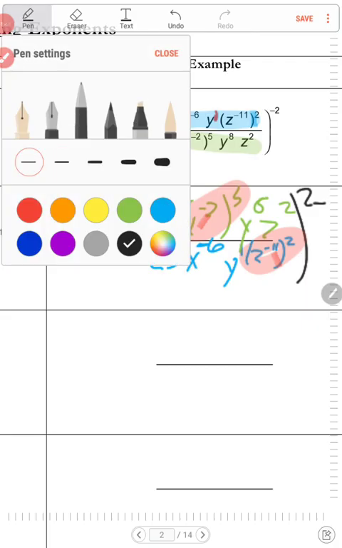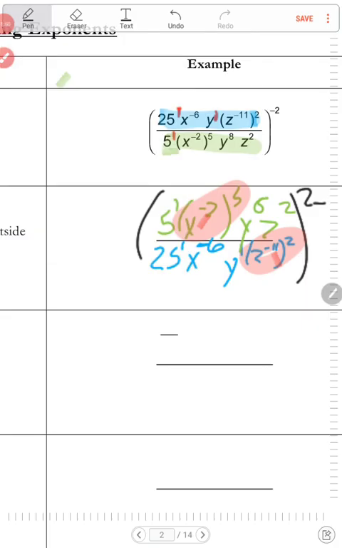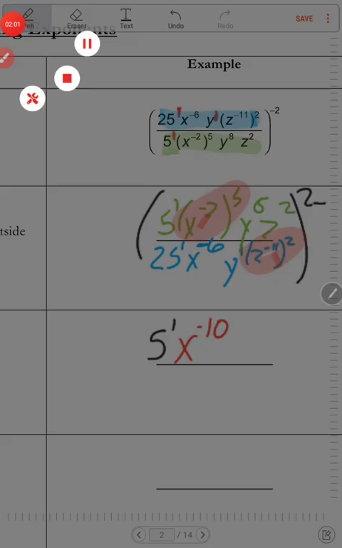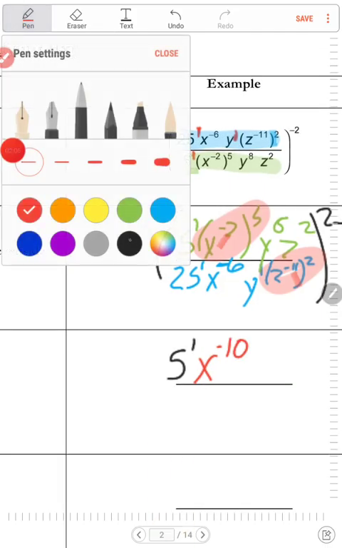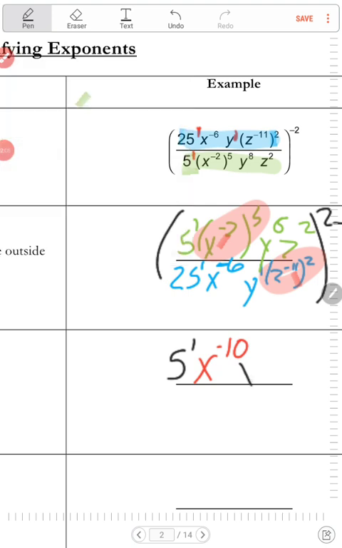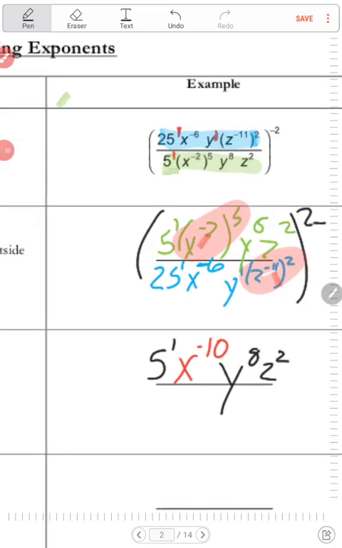So this is going to be 5, x to the negative 10th, y to the 8th, and z squared.